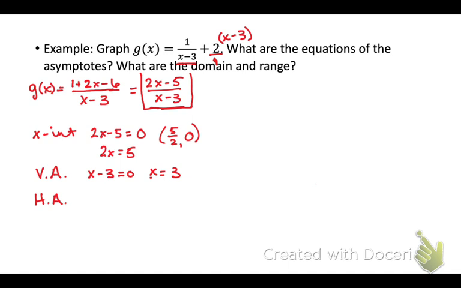Okay, remember I told you horizontal asymptotes use the degree. What is the degree of the numerator? 1. What is the degree of the denominator? 1. So when 1 equals 1, we use leading coefficients.